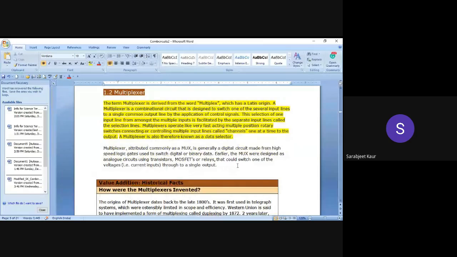Just to give you an idea of what a multiplexer is, let us first talk about a term that you're more familiar with. What do you mean by a movie multiplex? There are multiplex complexes where you go and watch movies. Are you familiar with that, students?